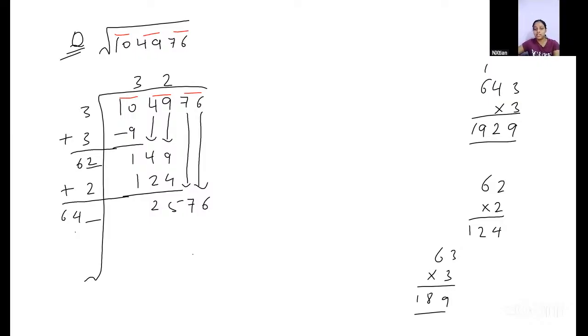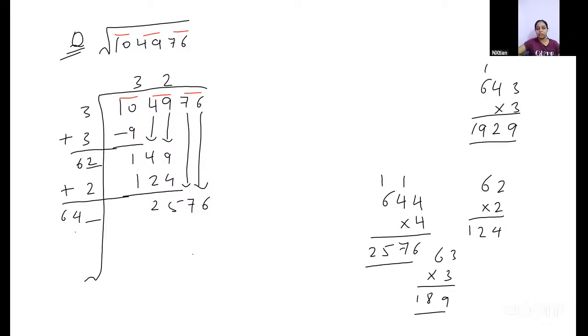Okay, 1 minute. Let me try with 4. 1929 is close to 2576, but not quite it. So let me try with 4, and if it doesn't come, we will try with 6. Ma'am, I got the answer when I tried with 4. Ma'am, when I'm going with 4 it is coming to 2576.